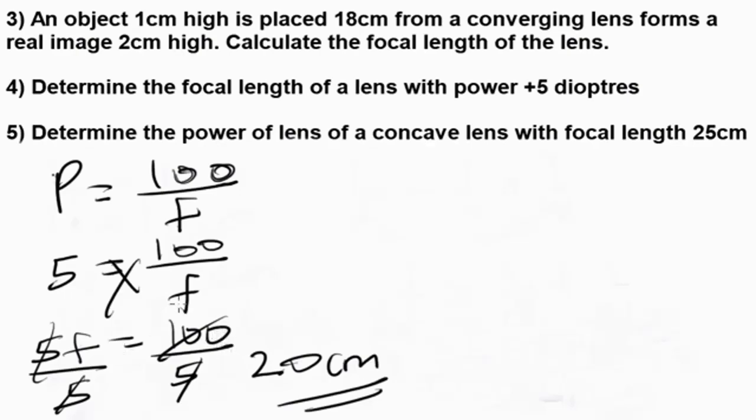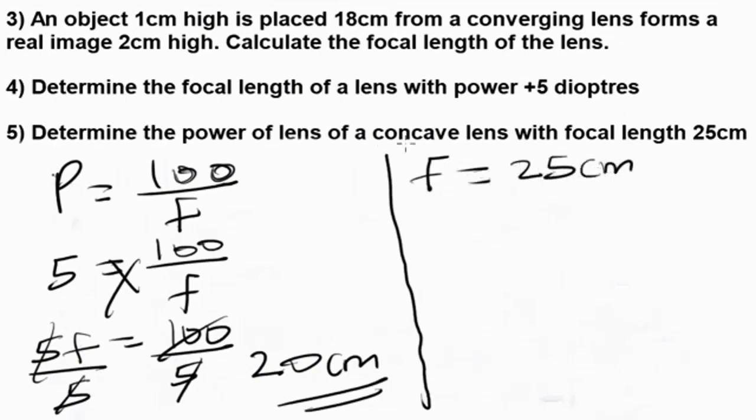And for question 5, let's solve question 5 this side. Question 5 says determine the power of a concave lens with focal length 25 cm. So we have the focal length to be 25 cm.